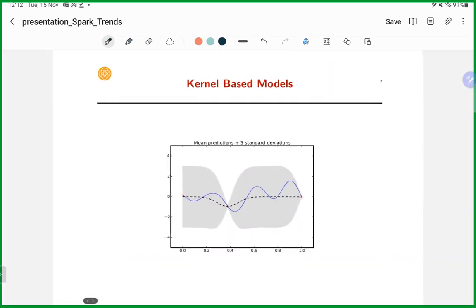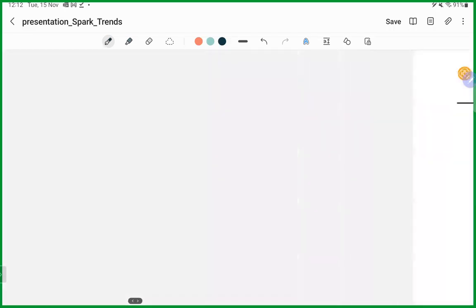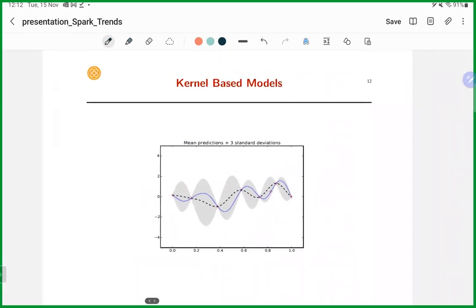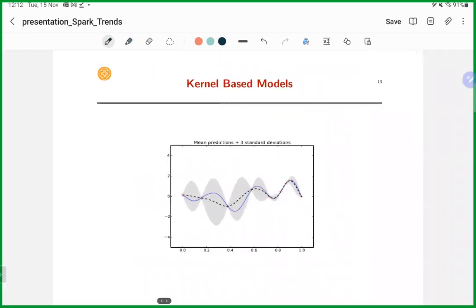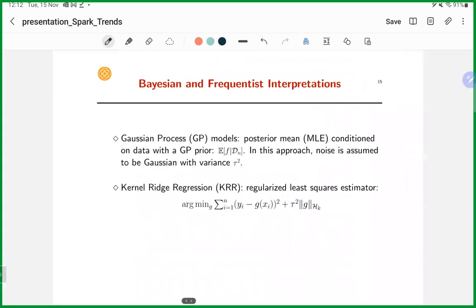I can then collect more points and create a better and better prediction and a narrower uncertainty region for the function. This is a very powerful method which allows me, using a relatively small number of observation points, to create a very powerful representation for a nonlinear function.